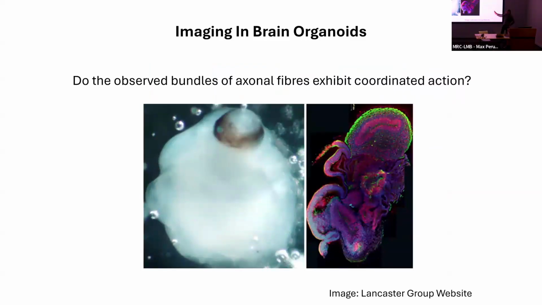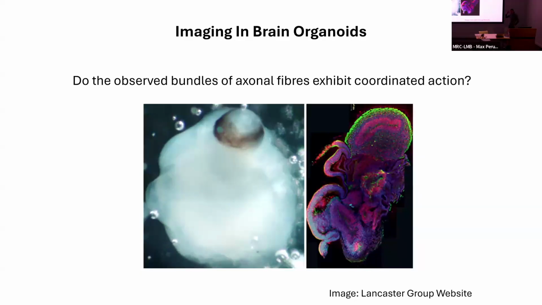They recapitulate a lot of the anatomy of the brain, but in a dish. But as you can see, this thing is a sort of milky white. You just cannot see through that thing. That blob there is an outgrowth that recapitulates a lot of the structure of the cerebral cortex of the human brain.